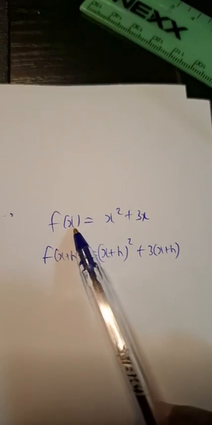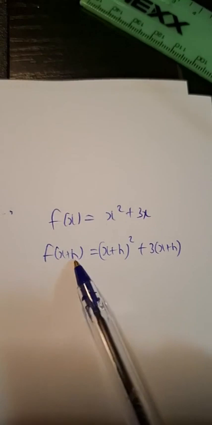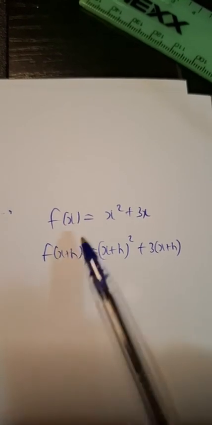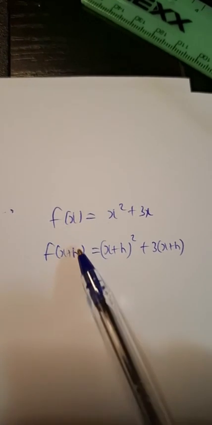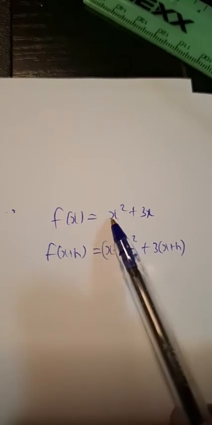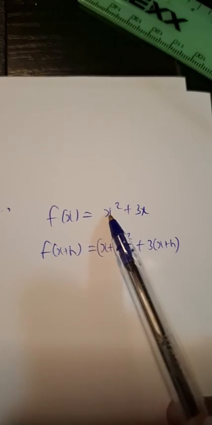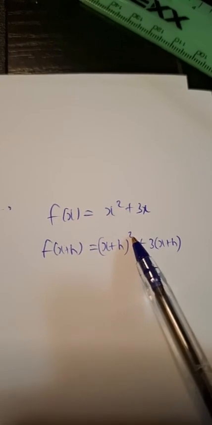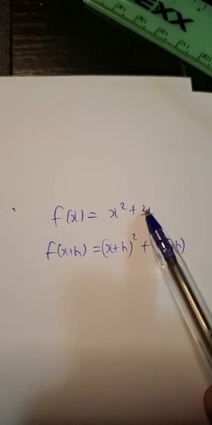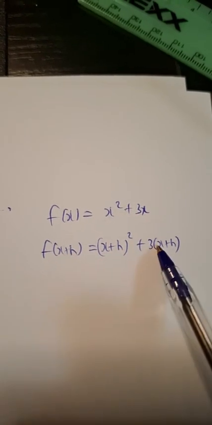So you can see, guys, that where x was, now because we're finding f of x plus h, we are going to substitute x plus h in its place. So where x is, we're going to use brackets. We're going to substitute in the place of x, x plus h, and then you can see the square, that's the square that was there, plus 3, and in the place of x we substitute x plus h in brackets.